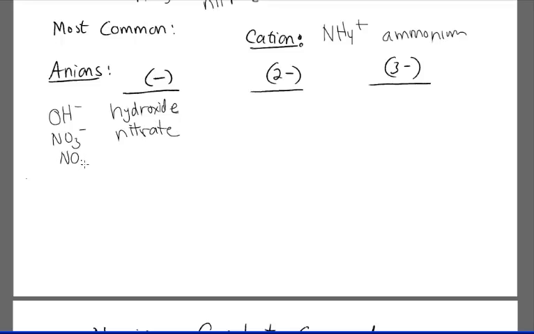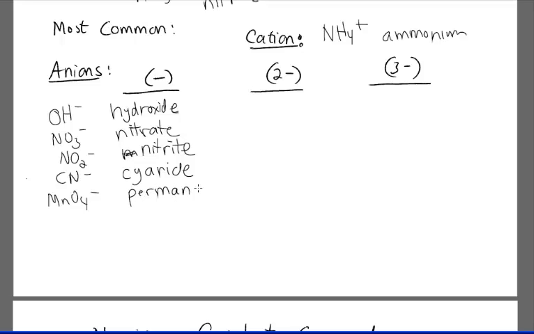There's one similar, NO2-, which is nitrite. We have CN-, cyanide. MnO4-, which is permanganate. And finally CH3COO-, which is acetate. Those are not all of them, but they are the most common.